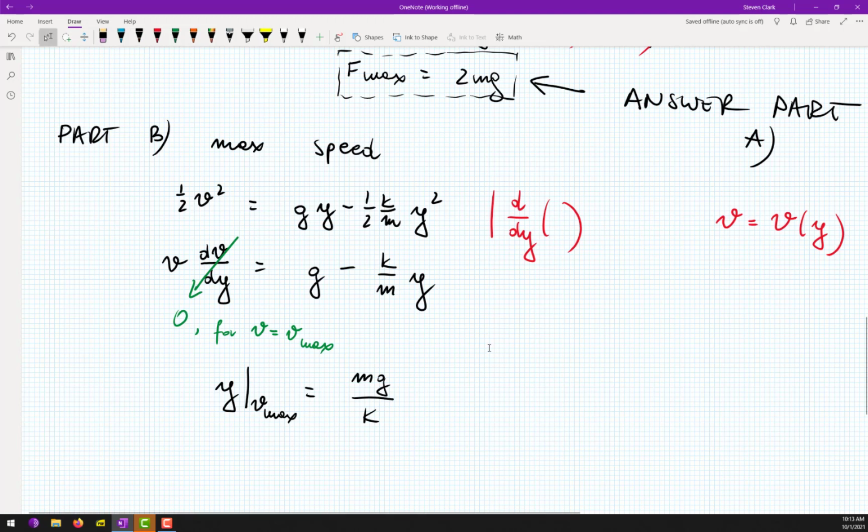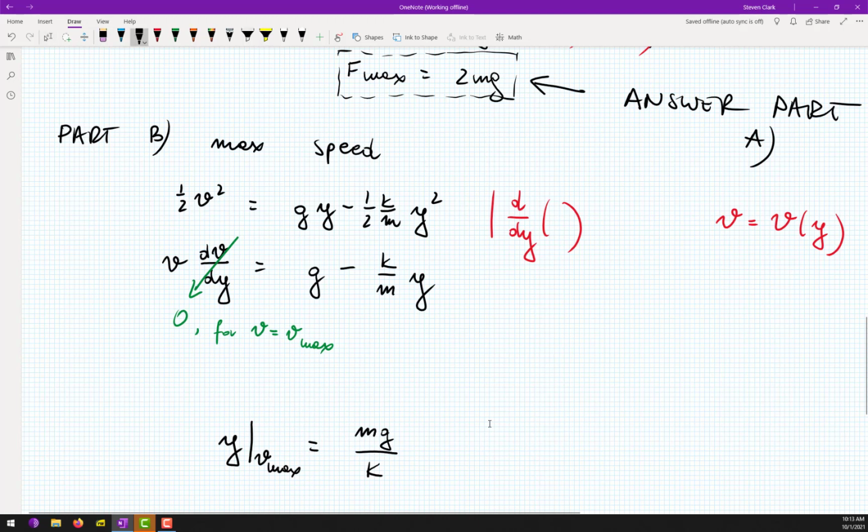Let me show you how I got here. I just got 0 is equal to g minus (k/m) y, but for v max. So now we know at which deflection our velocity is maximum. Kyle, what do you want me to do right now?